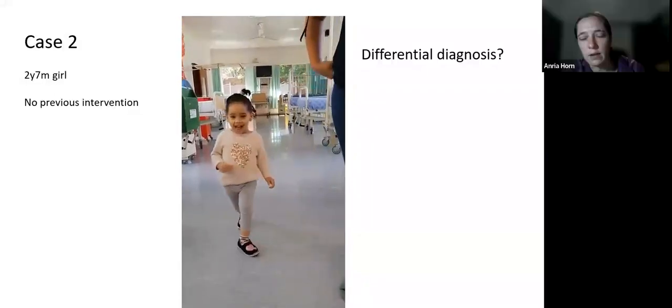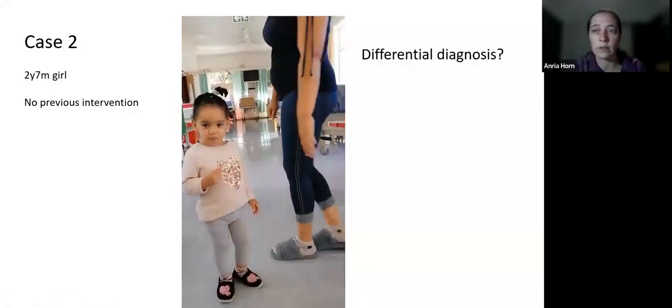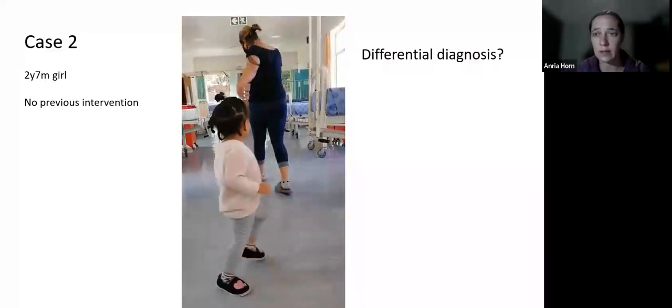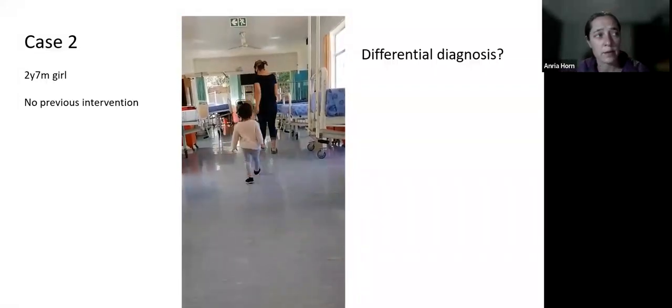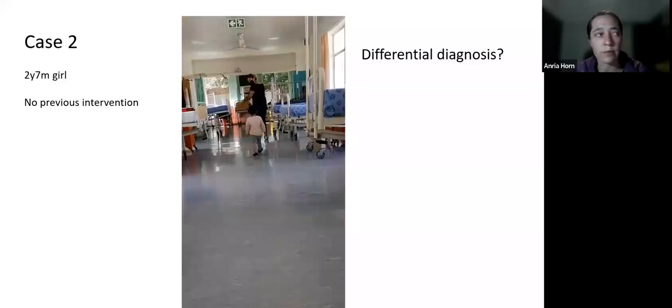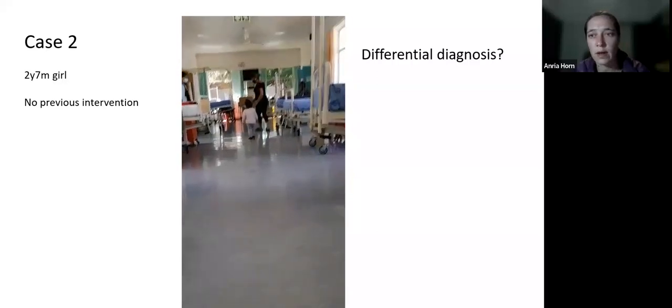What's your differential diagnosis? Probably bilateral DDH, because that's what the talk is about, or unilateral. But what would be the differential for a Trendelenburg gait in this age patient?